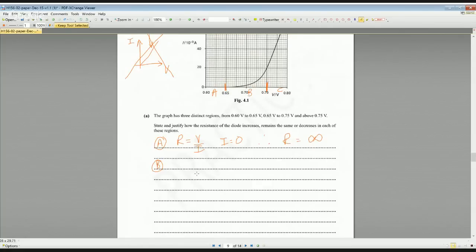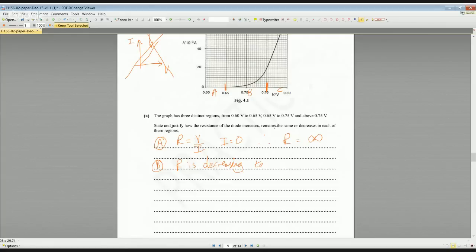Okay, so the R is decreasing. It's the only thing it can do. Once you're at infinity, there's only one way down, and that's to decrease.